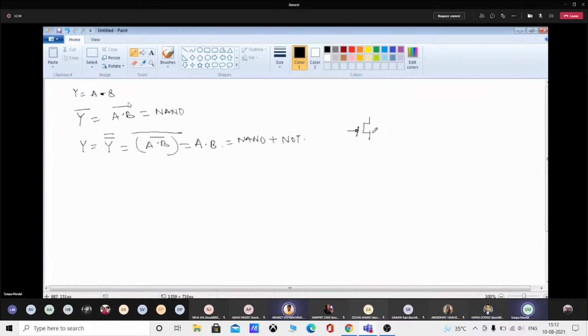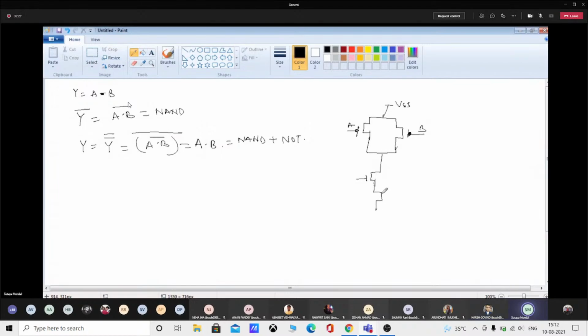Parallel. So we will make it parallel. This is A, this is B. We are giving VSS potential. And now we are making N.